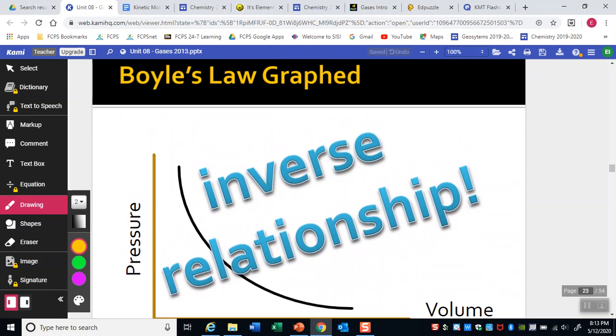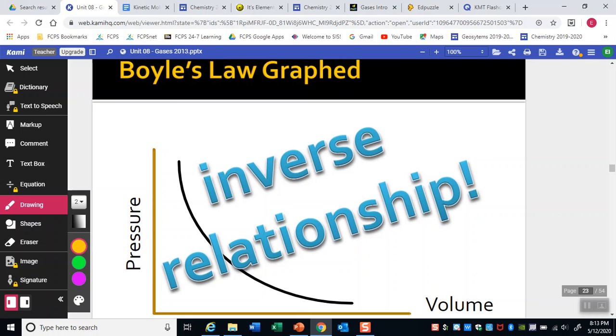So what this would look like graphically is, it's not a straight line. It is this curved line. That's an inverse relationship. So what that means is as the volume is increasing here, notice the pressure is decreasing.